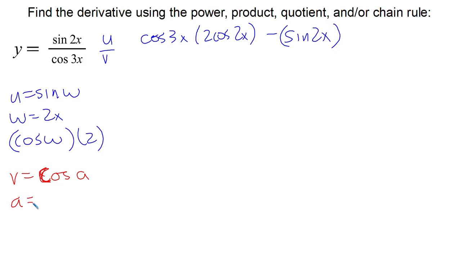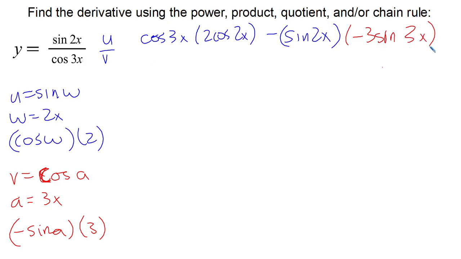So with a equal to 3x, the derivative should be negative sine of a times 3. So now we'll have negative 3 sine a, where a was 3x. So there's v du minus u dv, all over our denominator, cosine squared of 3x.